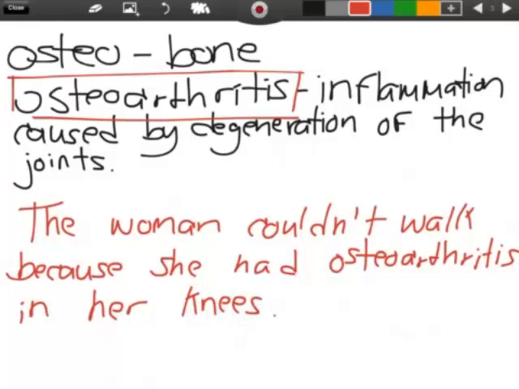I'm going to read that to you. The woman couldn't walk because she had osteoarthritis in her knees. Moving on to our next root.